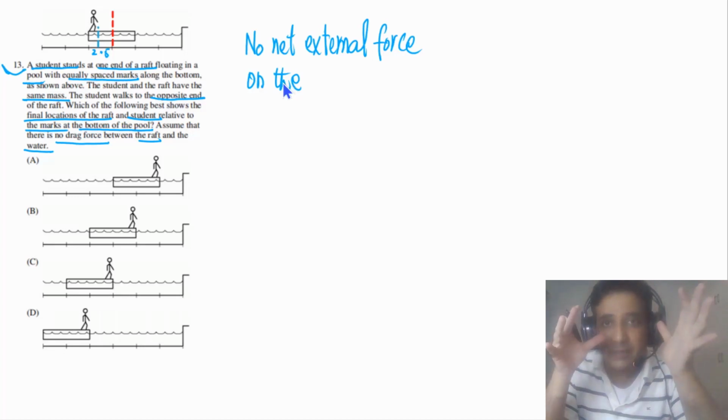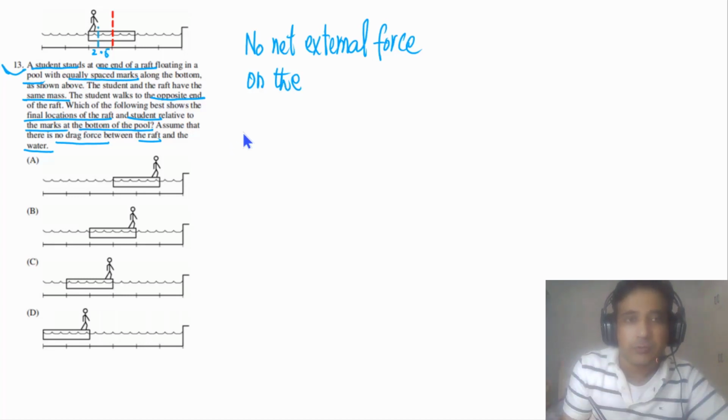If the center of mass is at rest and no external force is acting on the system, the center of mass stays at rest. If the center of mass is moving with constant velocity and no external force is acting on the system, the center of mass will keep on moving with the same constant velocity.